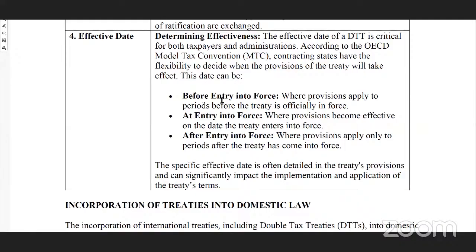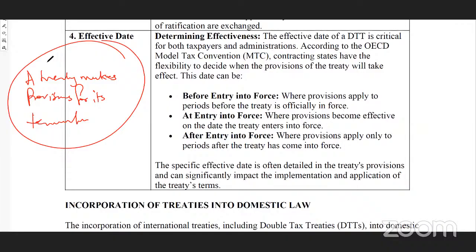But the whole thing is, when can a treaty be terminated? One thing you must understand is that a treaty makes provisions for its own termination. What did I say? A treaty makes what? Provisions for its own termination. So it means that before a treaty comes out, there's a provision in there that tells us how the treaty should be terminated.